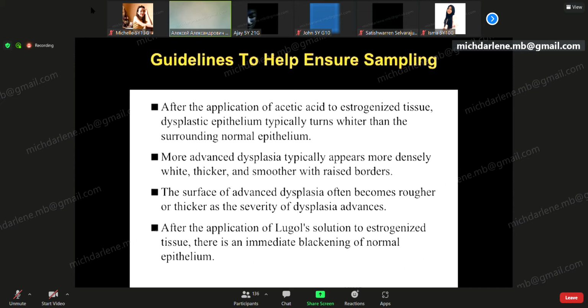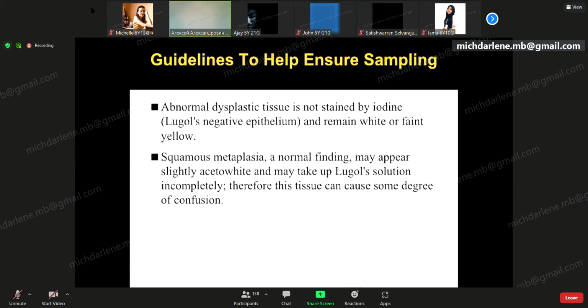The surface of advanced dysplasia often becomes rougher or thicker as the severity of dysplasia advances. After the application of Lugol solution to estrogenized tissue, there is an immediate blackening of normal epithelium. Abnormal dysplastic tissue is not stained by iodine, which is Lugol's negative epithelium, and remains white or faint yellow.